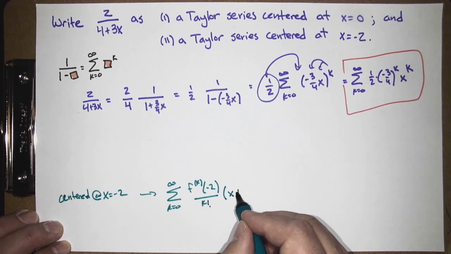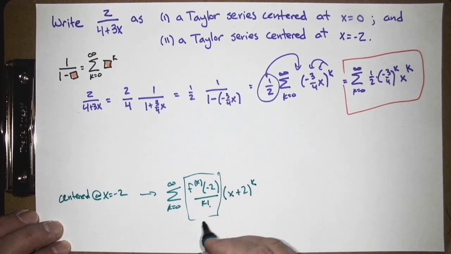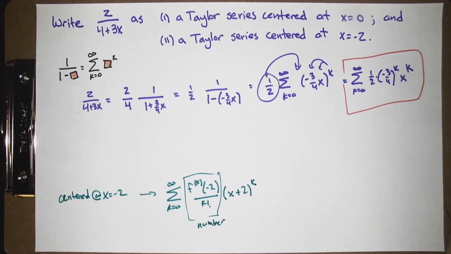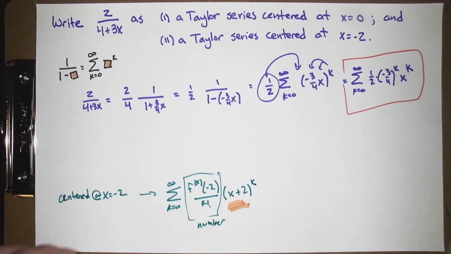X minus -2, which is x plus 2 to the k. All right, so this part right here, this is just a number. That's not the point I want to focus on. I want to focus on, oh, I see here an x plus 2. So if I want to write it centered at -2, I want to make sure I see x plus 2. So how can we make something into an x plus 2?